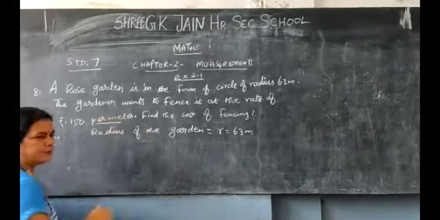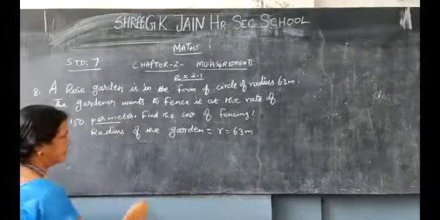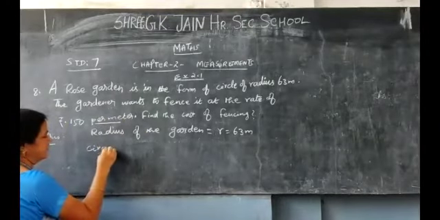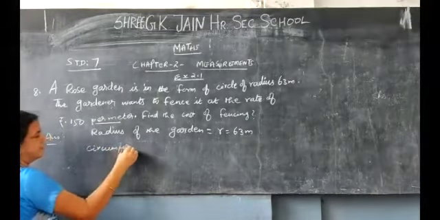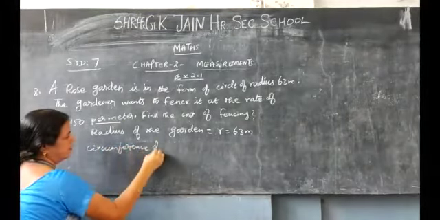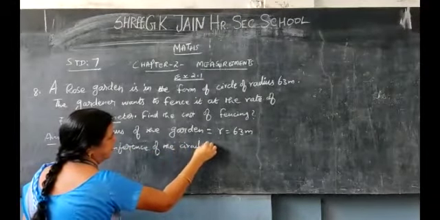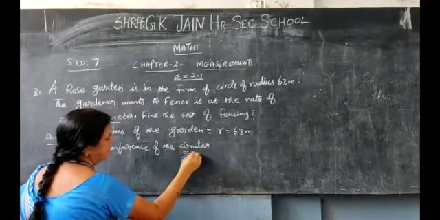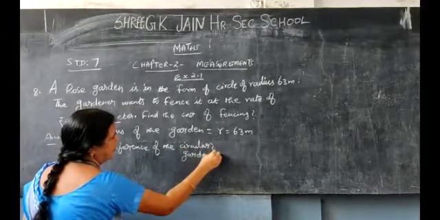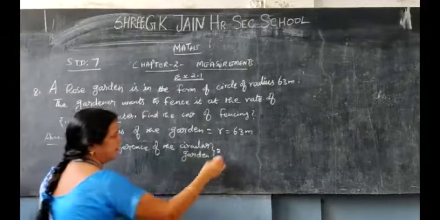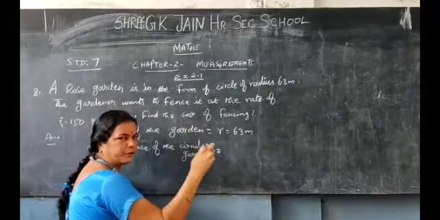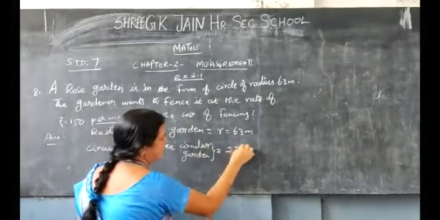Per meter means you are going to find out the circumference. Now the circumference of the circular garden is equal to, R is given, so which formula are you going to use? 2 pi R.